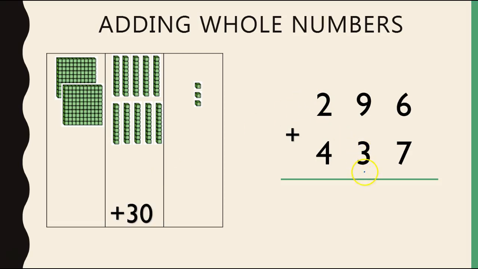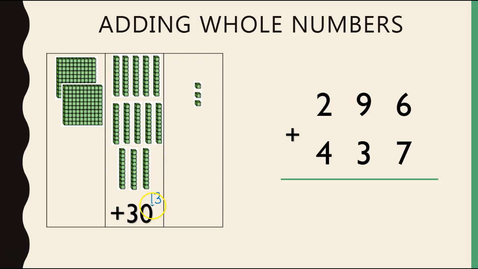Okay, now we're going to be adding these 3 tens, or 30. So we'll put 3 tens blocks in the tens column. We're going to be adding those up now, and those are 13. Again, too many digits for one place value. So we're going to take one of those and we're going to put it in the hundreds column.